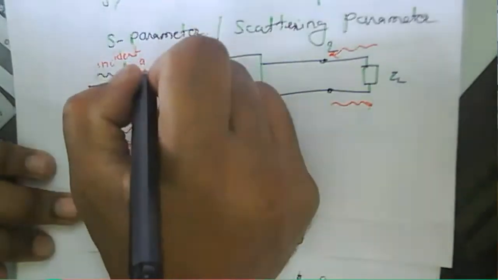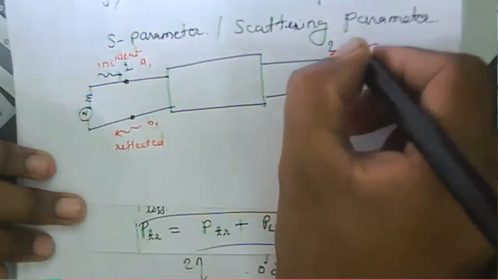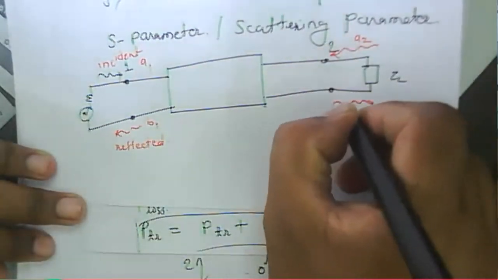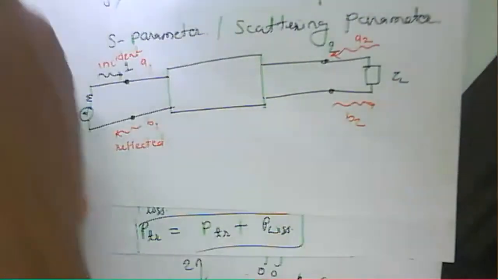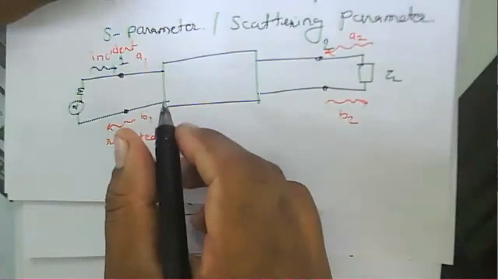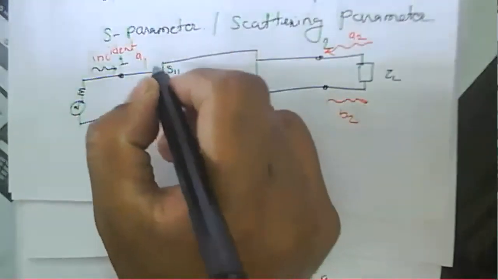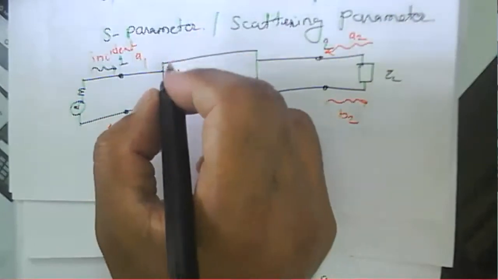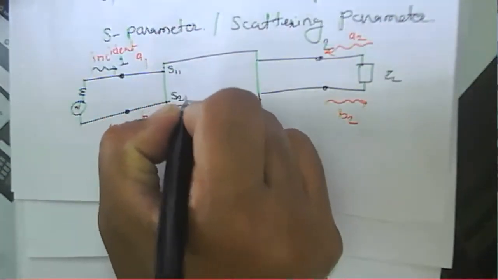For port 1, the incident wave is A1 and the reflection is B1. Similarly, at port 2, the incident wave is A2 and the reflection is B2. So S parameters provide you the nature of the reflected component in terms of the given ports we have. Here at input port 1 we are incident, and we are reflecting here.